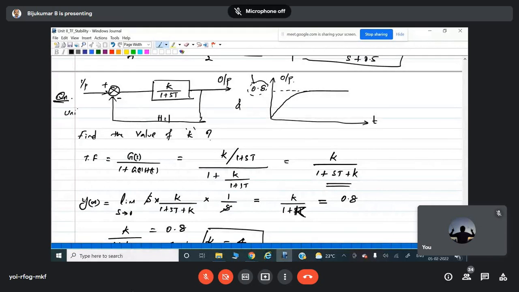This is the output response we are comparing. The input is 1 by s here, so s will cancel. Finally, you will get the steady state value in terms of a, and from the response it is understood that the steady state value is 0.8. If you get these two, you can get a as well.